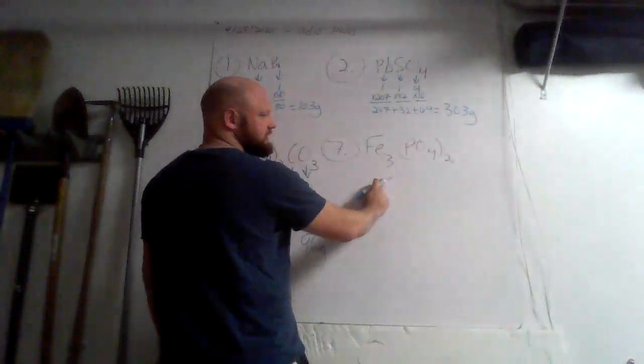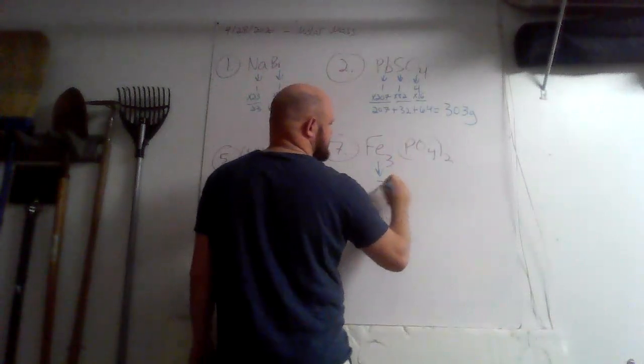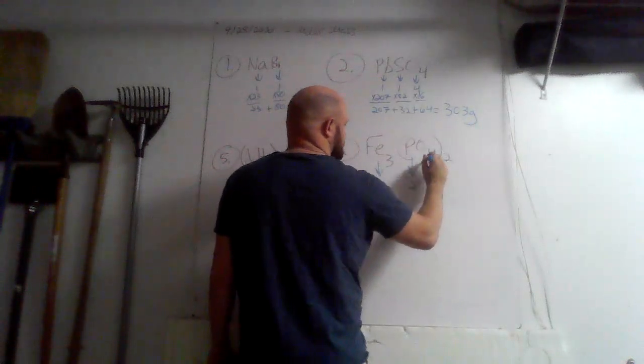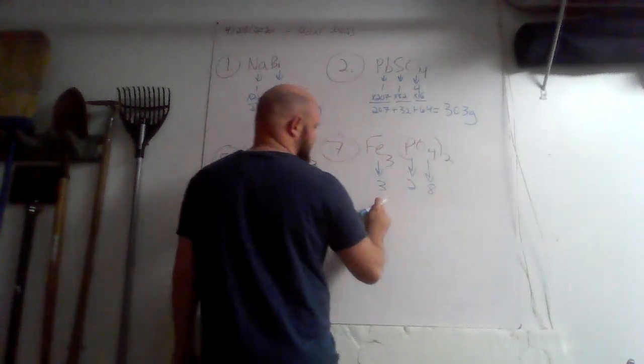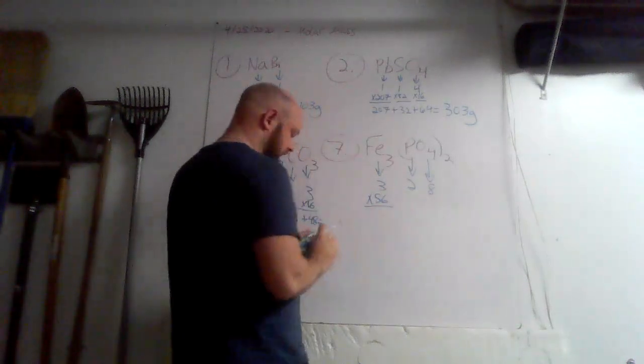Okay? And let's try iron(II) phosphate, Fe3(PO4)2. So Fe3 means I have 3. Distribute the 2, so I have 2 P's. 2 times 4 is 8 O's, okay? Iron's 56, 3 times 56. That I need my calculator for.